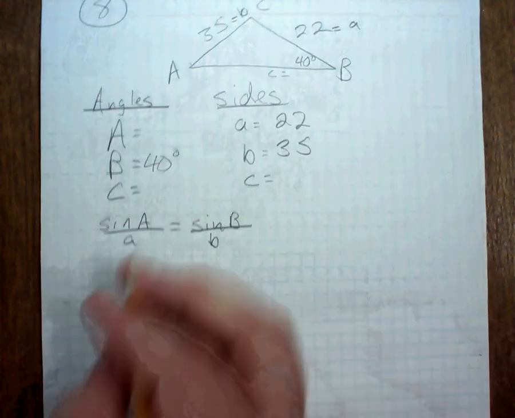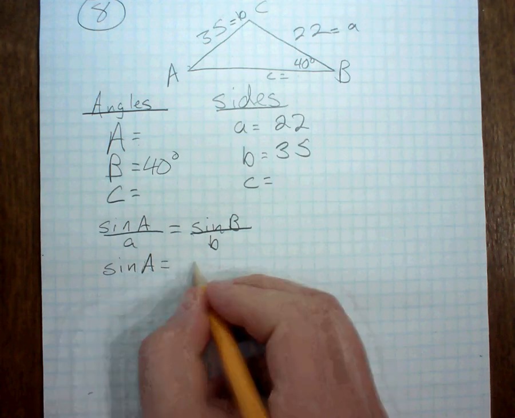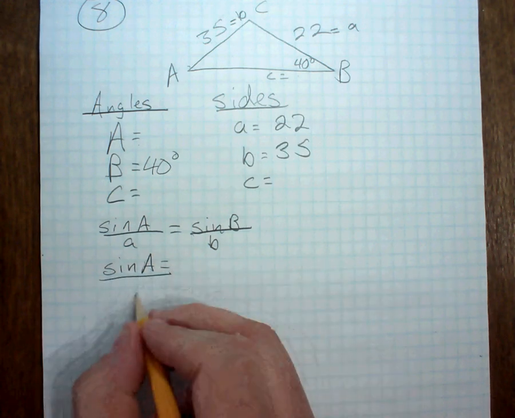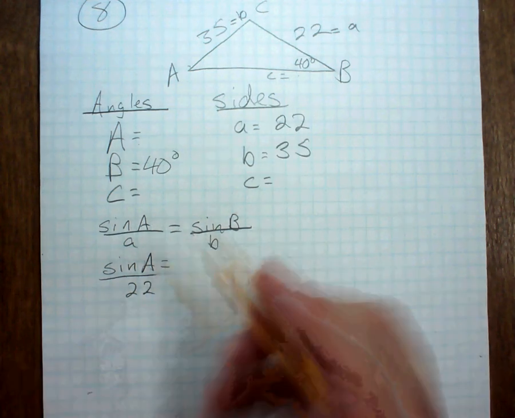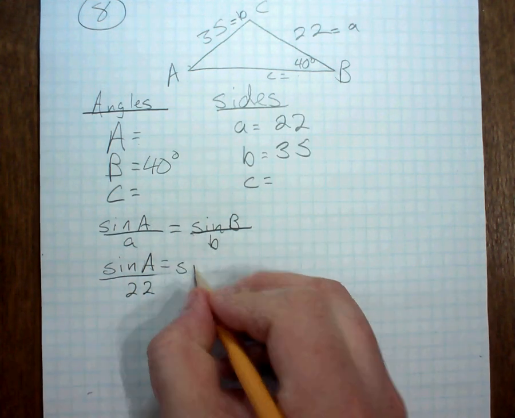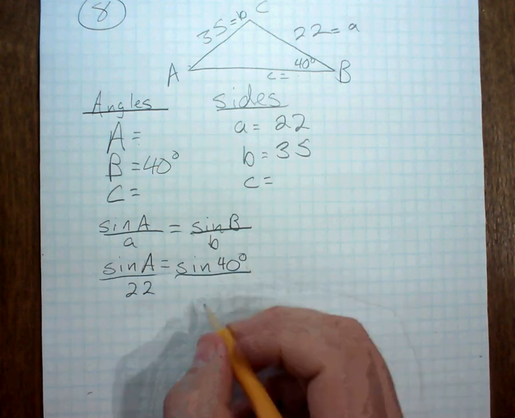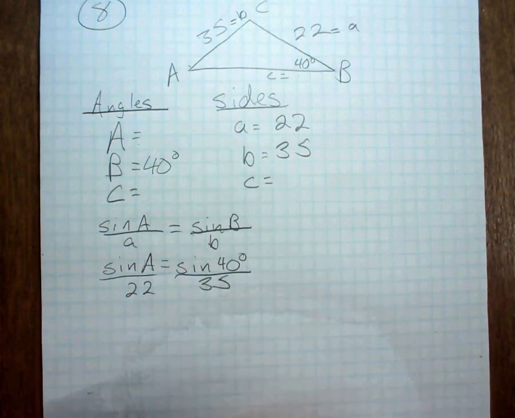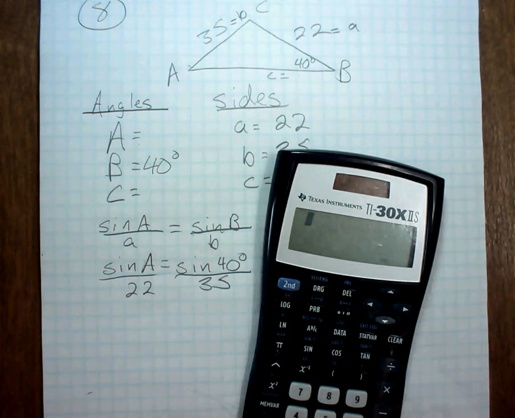Now what that means is I'm going to say sine of A over 22 is equal to sine of B, which is 40 degrees, over lowercase b, which is 35. Now I can find what sine of 40 degrees divided by 35 is by simply putting that in the calculator.